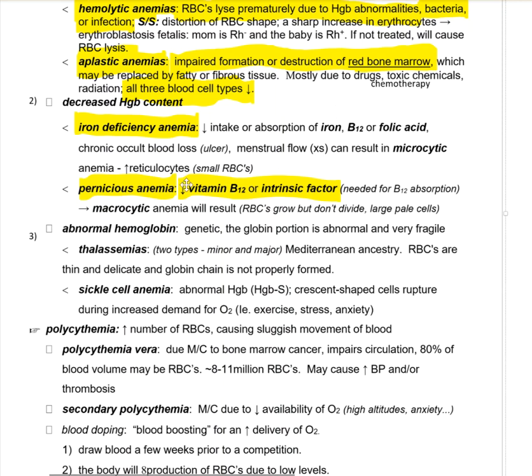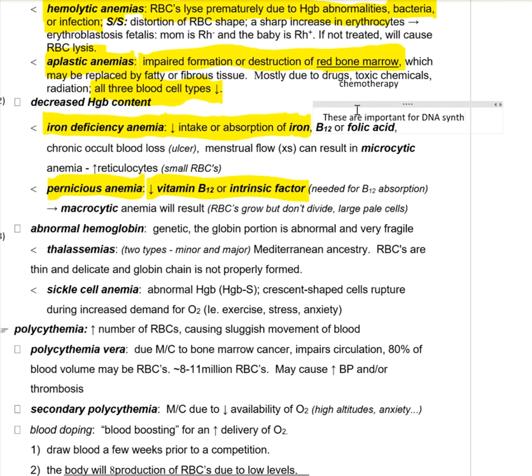The iron deficiency usually is due to not having enough iron intake. However, we can also have low levels of B12 or folic acid. The reason why is that these are important for DNA synthesis, and we need DNA synthesis for red blood cell production.